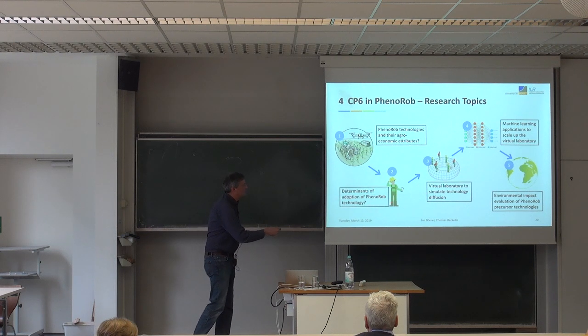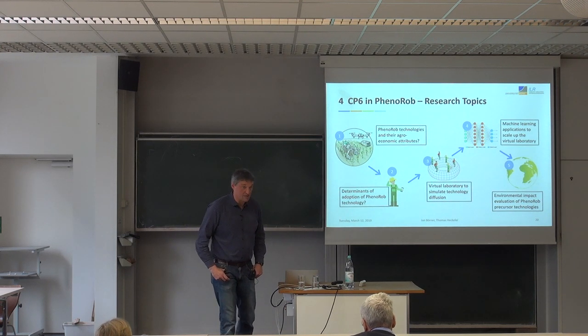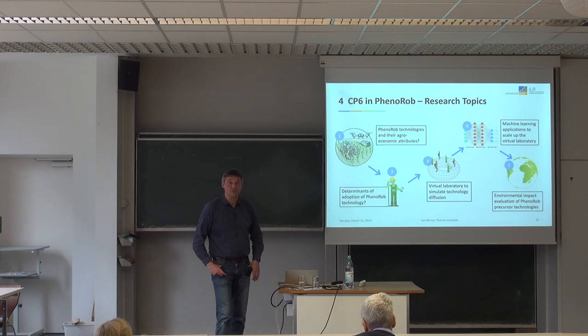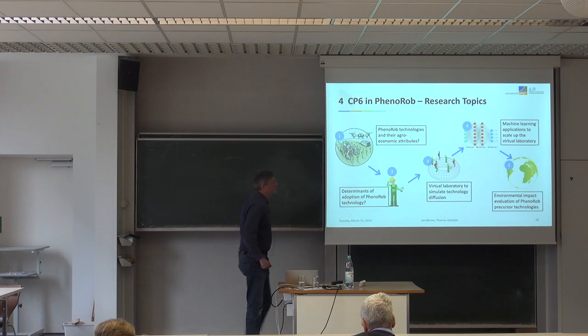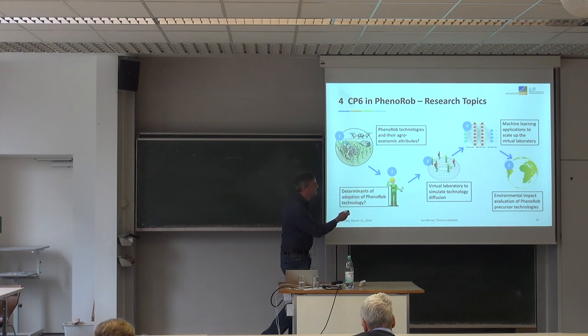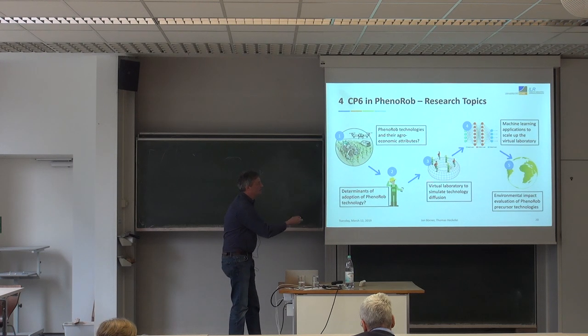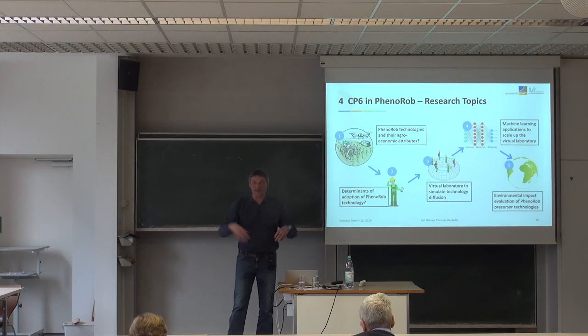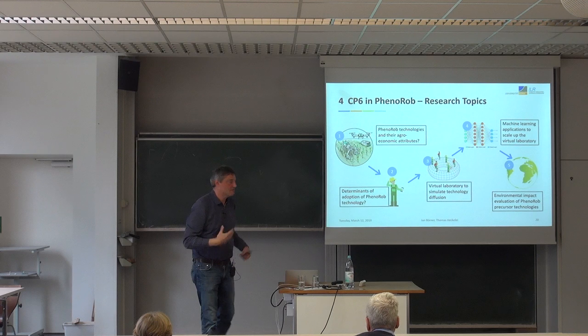We're going to identify determinants of adoption of PhenoRob type technologies. So we will look at empirical modeling, econometric modeling, experimental modeling of adopting these PhenoRob type technologies. A core activity research topic is to develop a virtual laboratory to simulate the technology diffusion across the farm population and the region.